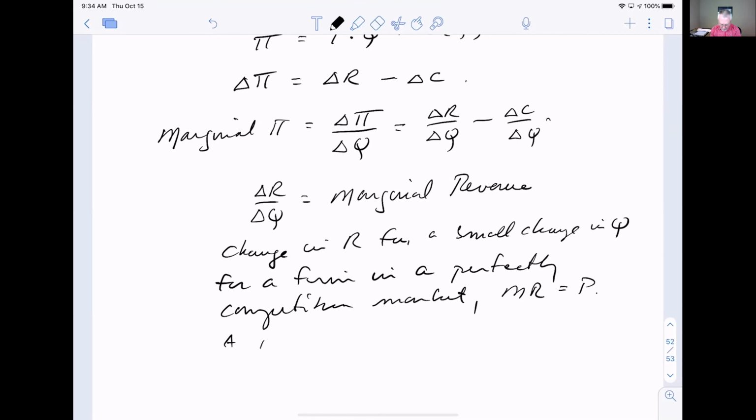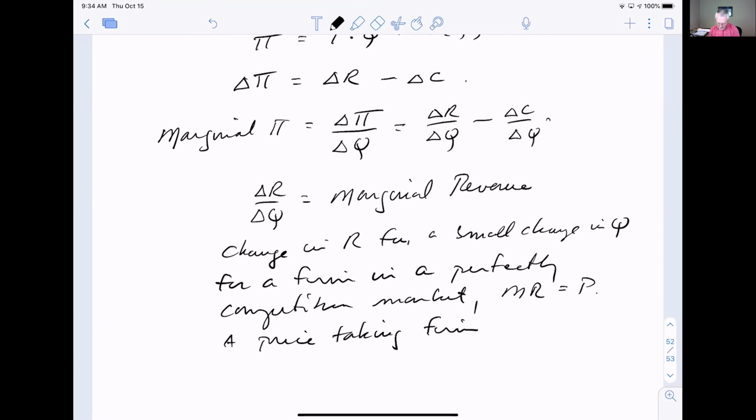So a price-taking firm, and that's our argument, that in a competitive market, all agents, whether on the supply side or the demand side, are price takers. So a price-taking firm then can't affect the market price by virtue of its own decisions. So if it produces an additional unit, it can sell the additional unit at the prevailing market price. Therefore, the change in its total revenues will simply be P.